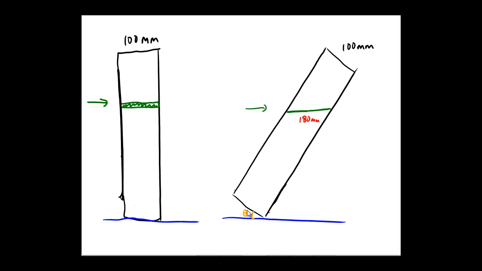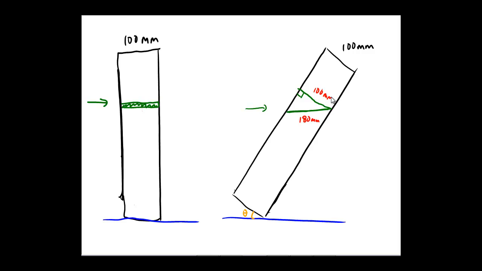Now, since the width of the piece of metal is 100 millimeters, we can draw that in right here, perpendicular to this side. So this would now be 100 millimeters on this side.